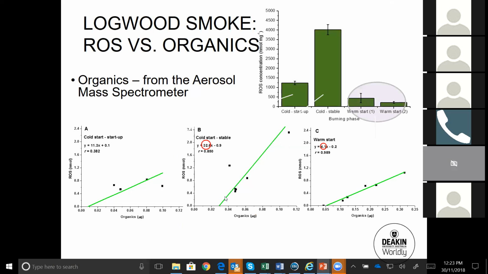As you can see, during the cold start, which is considered the most toxic component of burning wood, ROS increases 32 times with the increase of organic per mass. For warm start, it is 4 times, and for cold startup, it's 11 times, based on these different slope factors.